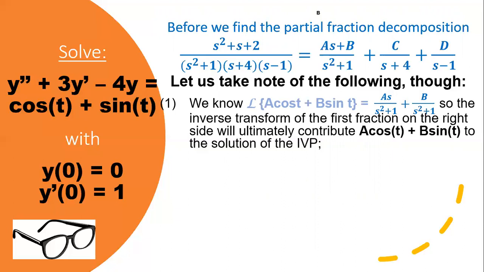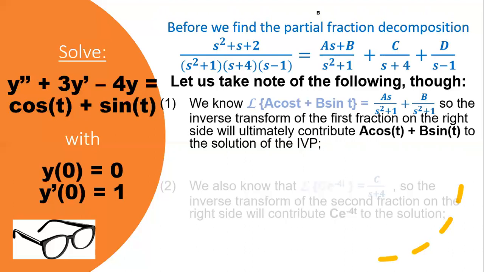Well, those pieces are, of course, the Laplace transform of a times the cosine of t plus b times the sine of t. So that means that that first piece on the right-hand side, when we inverse transform it, will give a contribution of a cosine t plus b sine of t to the solution to our initial value problem. And recall, we were expecting just such pieces to be there.